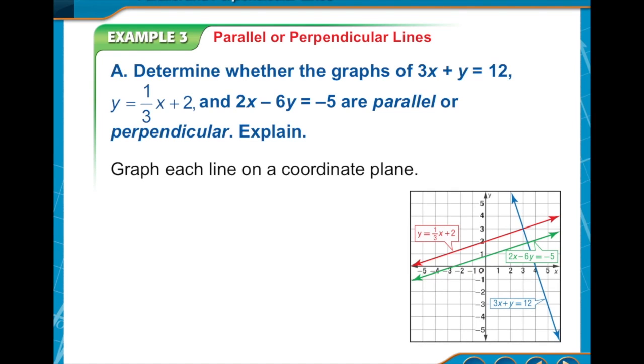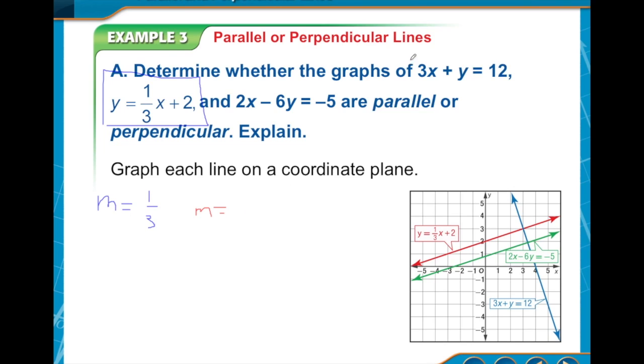Now we would also want to check to see if this line is perpendicular to either of these, and we could do that by comparing the slopes. I know this one is already in great shape because I can tell what my slope is. So for this first one, we have m is 1/3. For my second line, what is my m value?